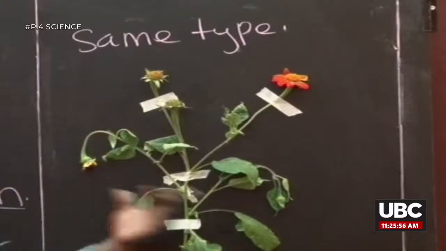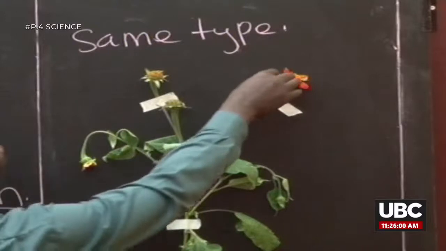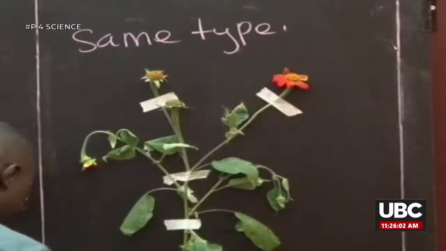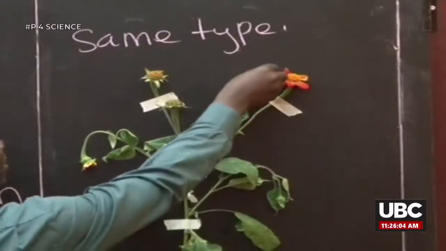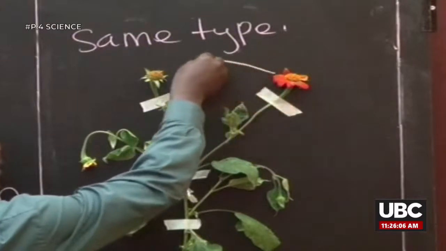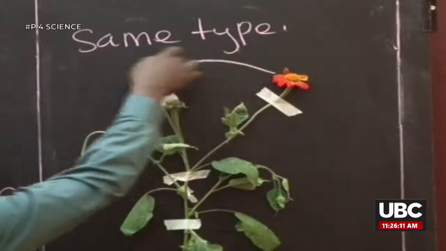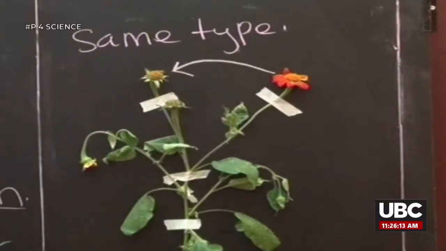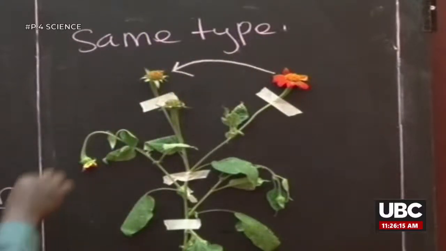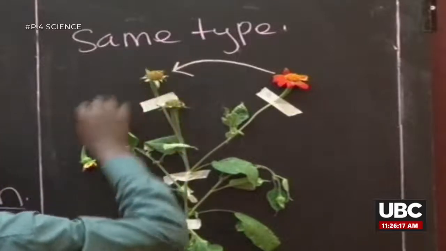This is the same plant. Pollen can move from this flower and onto this flower. Our pollen moving from the anthers there to that. Or vice versa, pollen can move from this plant.